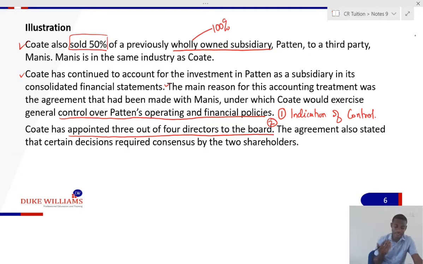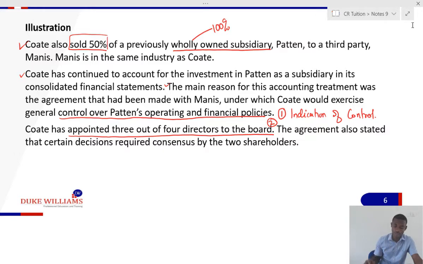Now earlier there are indications that there is control, because there is an agreement where Court will exercise general control over the financial and operating policies, and will have majority on the board, that is voting right. But subsequent to that, you would see that there is an agreement which indicates that there should be consensus.